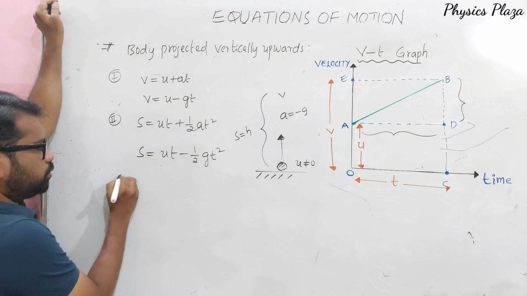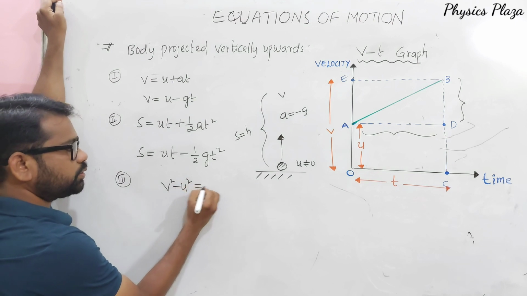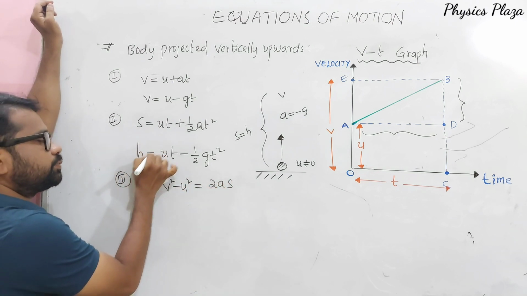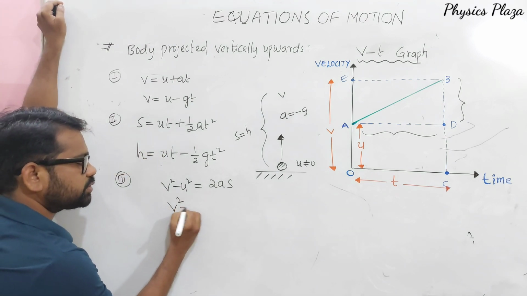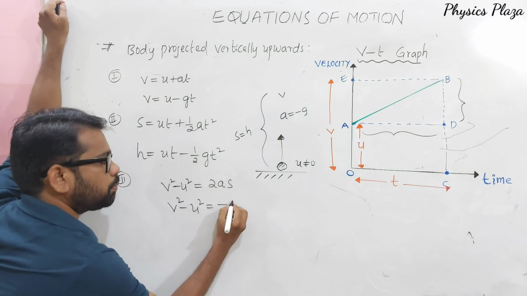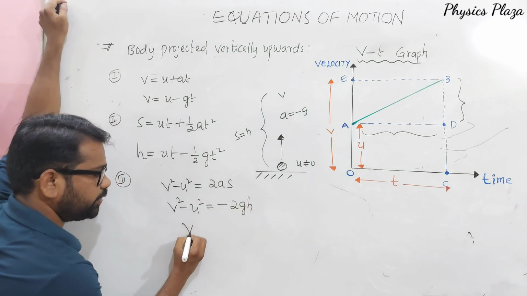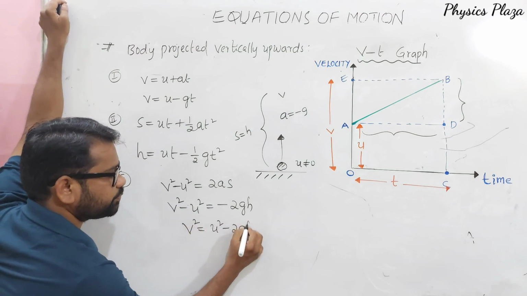Now the third equation of motion is v square minus u square is equal to 2as. Of course here you can use h, or else you can leave it as s also, not a problem. This is v square minus u square is equal to minus 2gh. So this can also be written as v square is equal to u square minus 2gh.